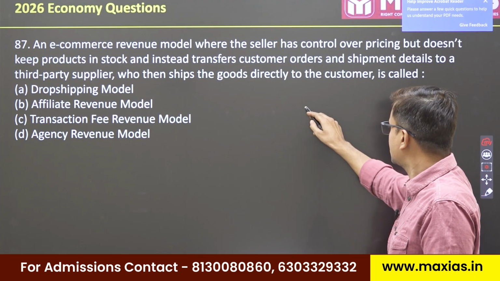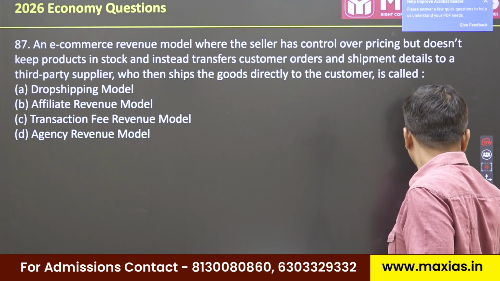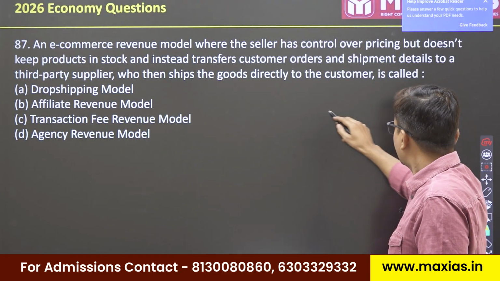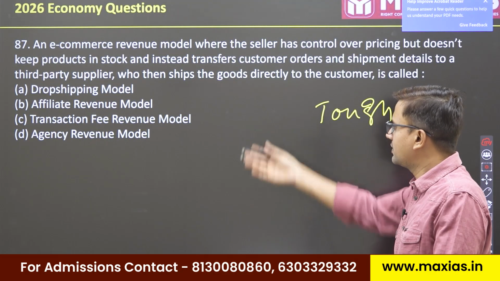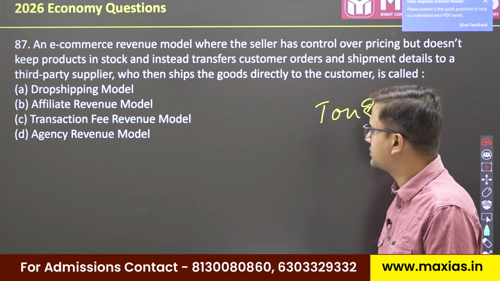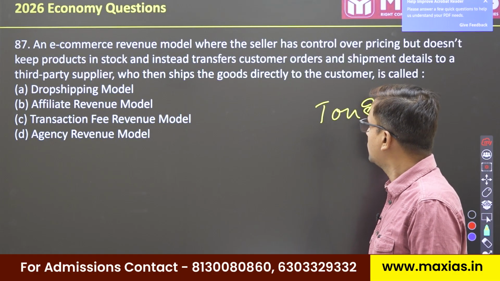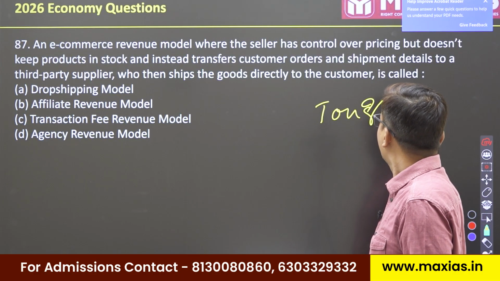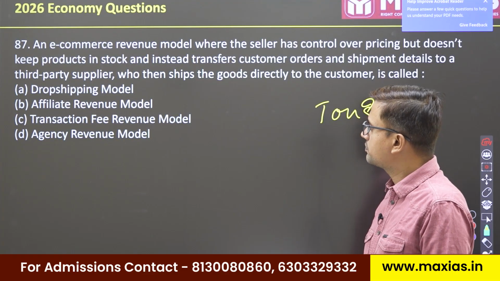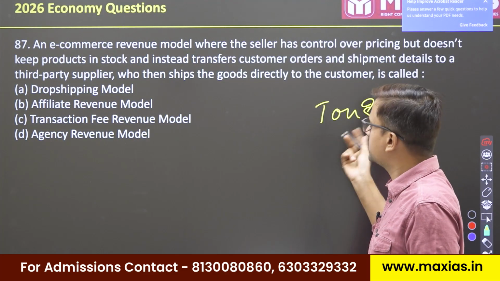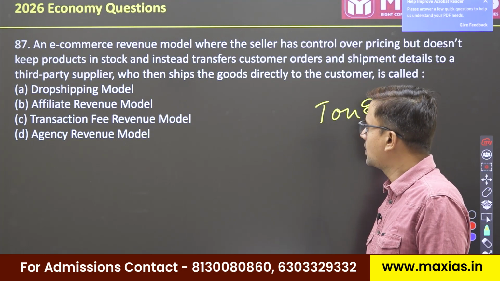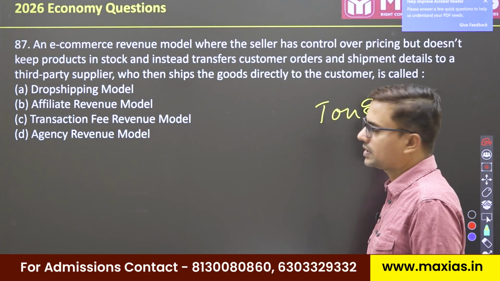I have never heard of these terms. The question: an e-commerce revenue model where the seller has control over pricing but does not keep products in stock and instead transfers the customer's orders and shipping details to a third-party supplier who then ships the goods directly to the customer.